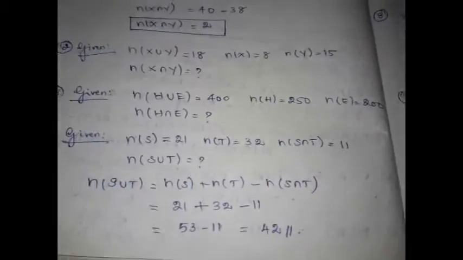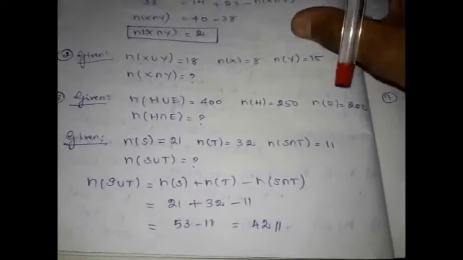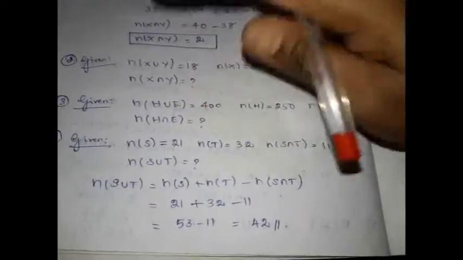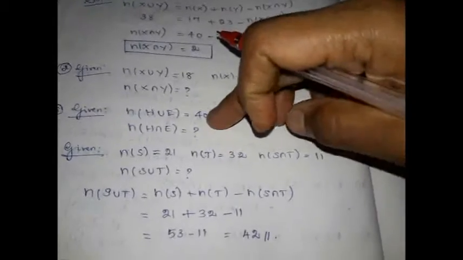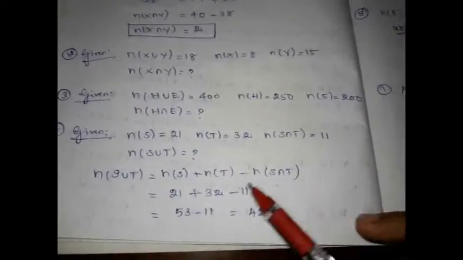Wherever you come across the word and, like the number of students who learn Hindi and English, it will come under intersection. When they talk about or, it will come under union. If they say number of students who learn Hindi or English, it will come under union. When you come across the word and, it will come under intersection.